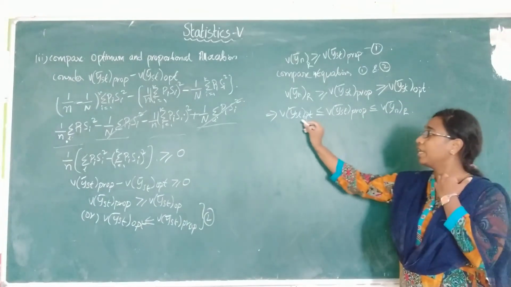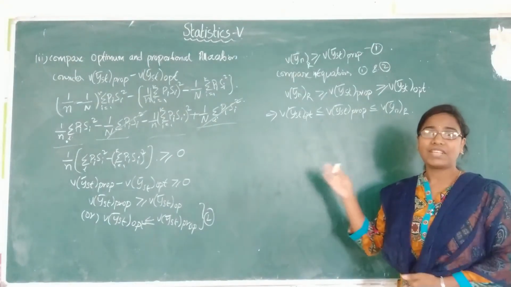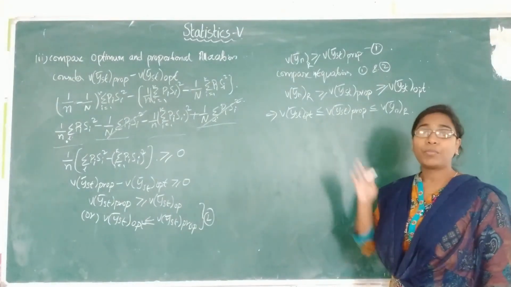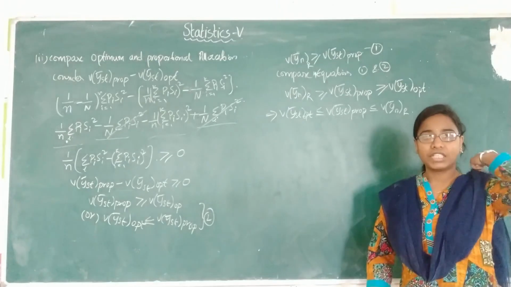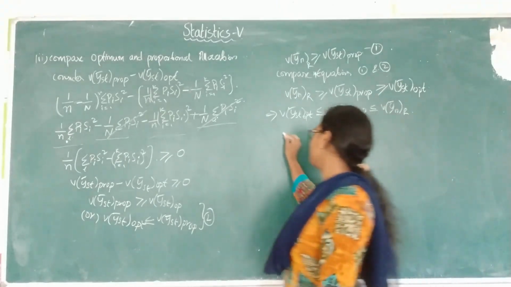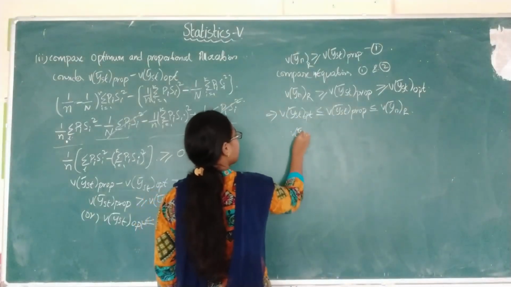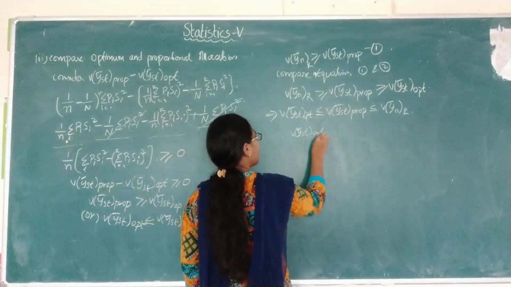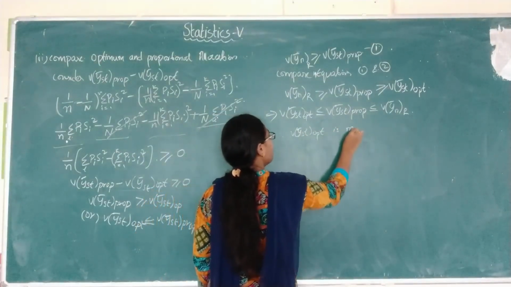Since variance of y bar st under optimum allocation is minimum, this optimum allocation is considered to be more efficient.